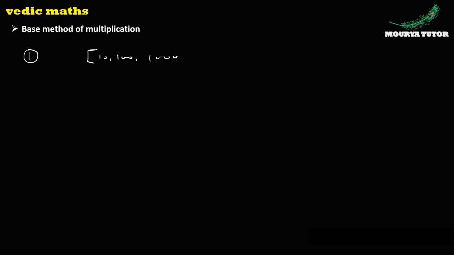Right? Second thing, how we will select a base. The answer is it depends on the question. Now let's suppose the question given to you is 97 and 99, you need to multiply these two numbers. So the base should be 100.